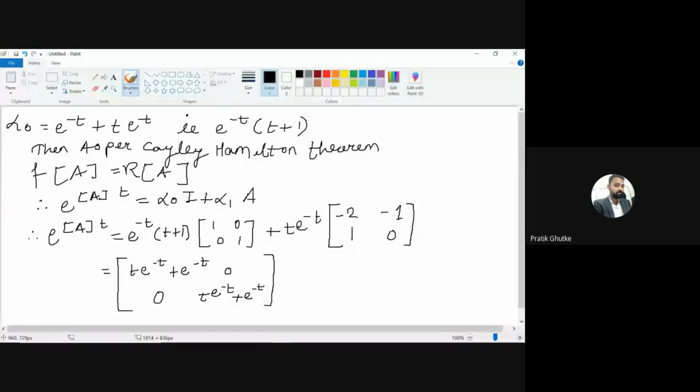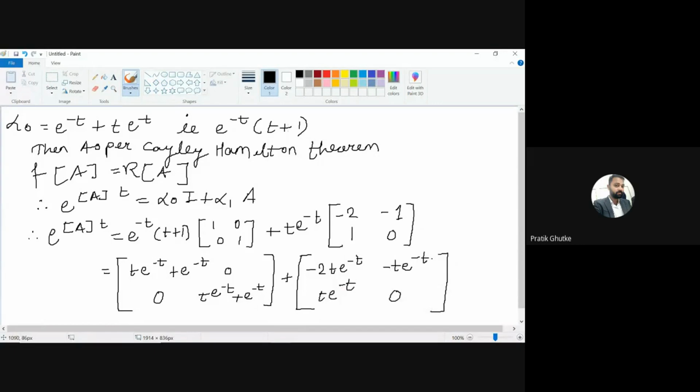Plus, now multiply these two brackets. t e raised to minus t into minus 2 would be minus 2 t e raised to minus t. Here it would be minus t e raised to minus t. And here I am multiplying t e raised to minus t, and here 0. Have you understood? I have multiplied all those brackets.